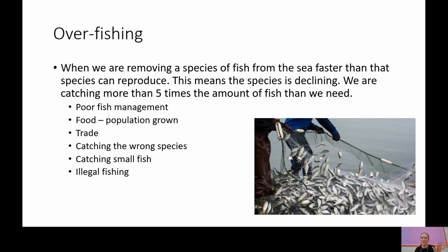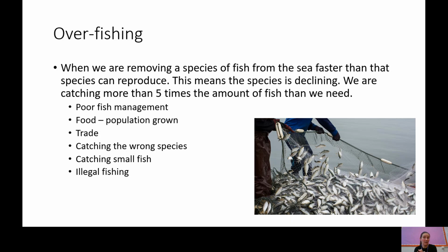And this is happening for a number of reasons. Poor fish management, so there's not much regulation of fishing in the seas. It's getting better, but obviously the sea is a very big place and it's very hard to regulate who's fishing where and when.